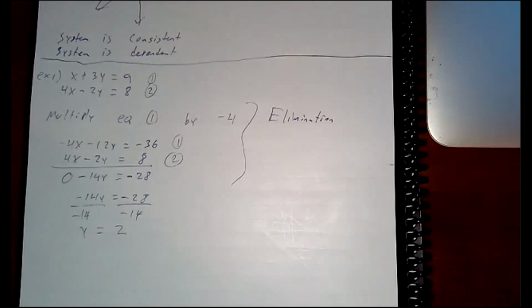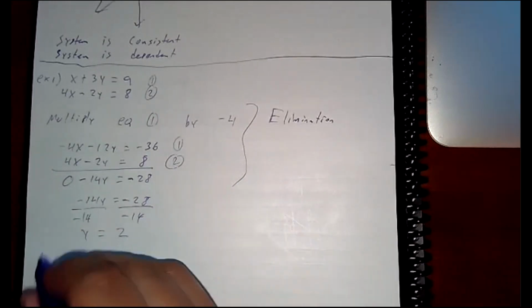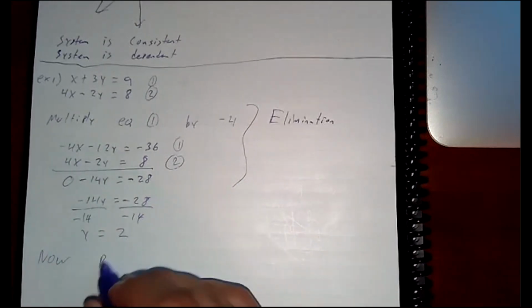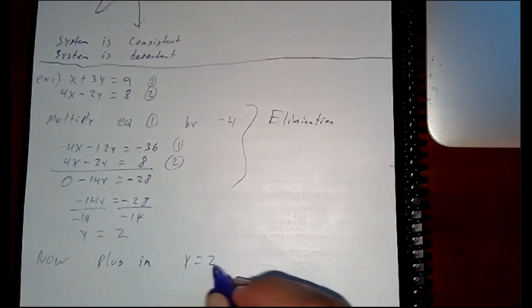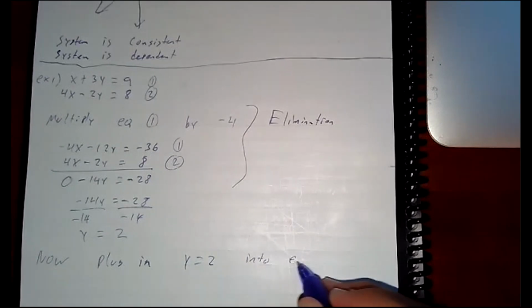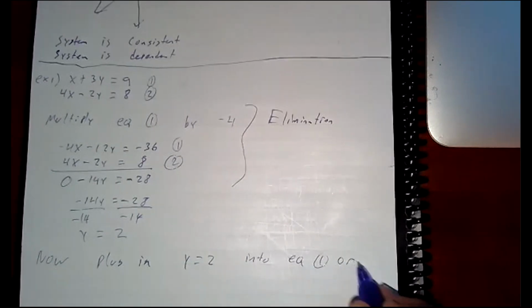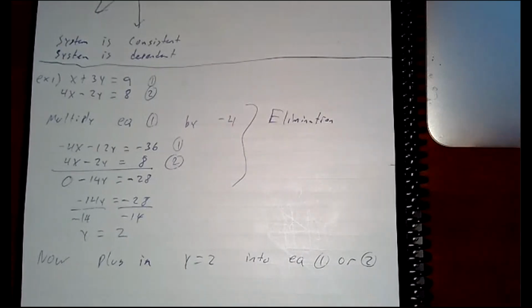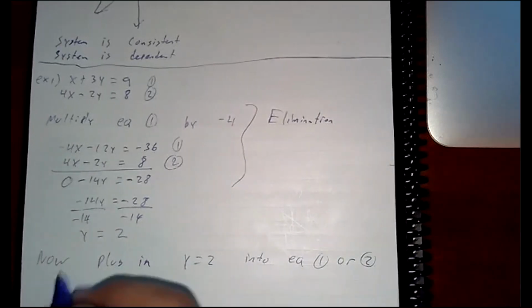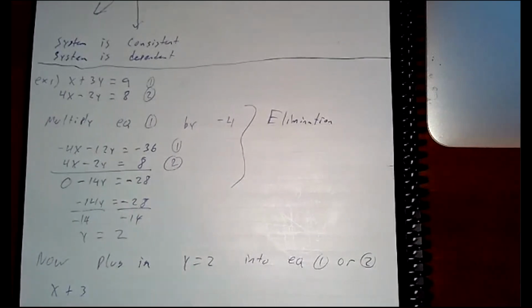Now, once you have one of them, you just plug it into the other, right? So now plug in y equals 2 into equation 1 or 2, doesn't matter. You pick. I'm going to pick equation 1 just because it looks easier, maybe. Doesn't matter though.